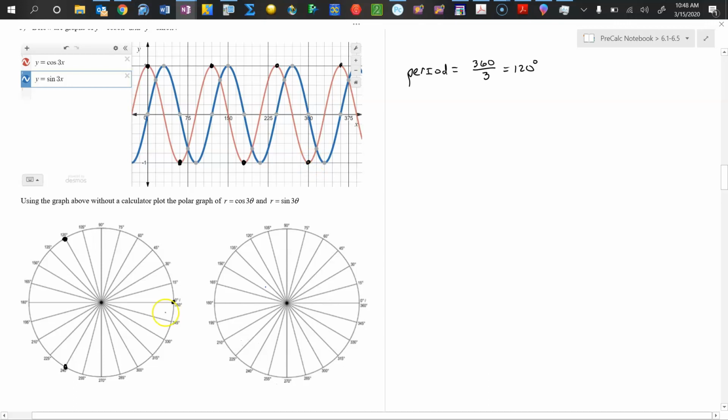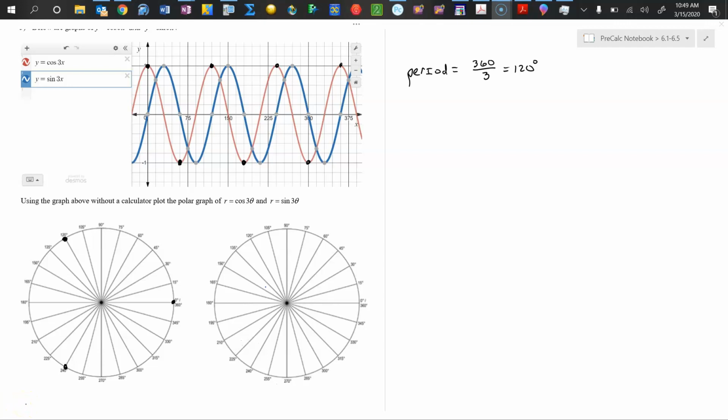And so if we go to plot those points, at 60 degrees, we should be at -1, which is actually going to put us back here at 240. At 180 degrees, we should be at -1, which is going to put us back here at 360. And 300 degrees, we're going to be at -1, which is going to put us back here at 120.